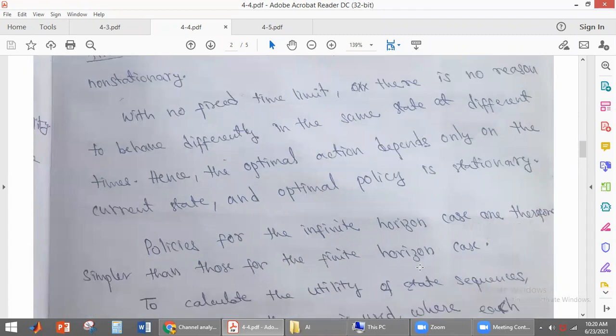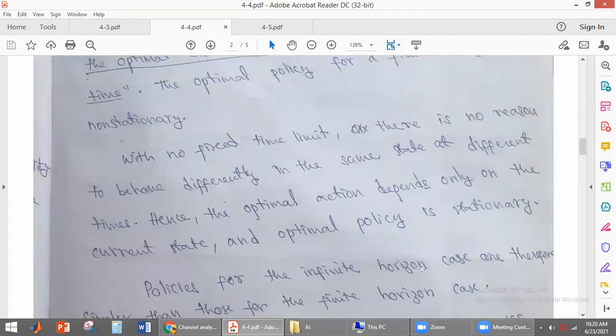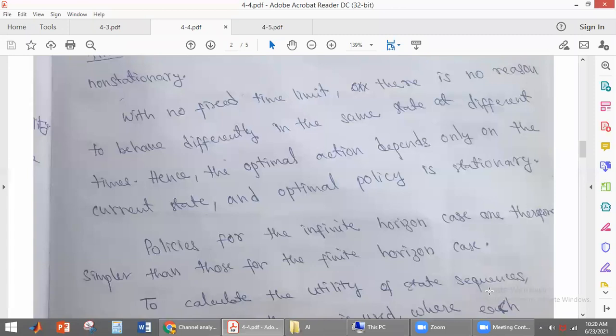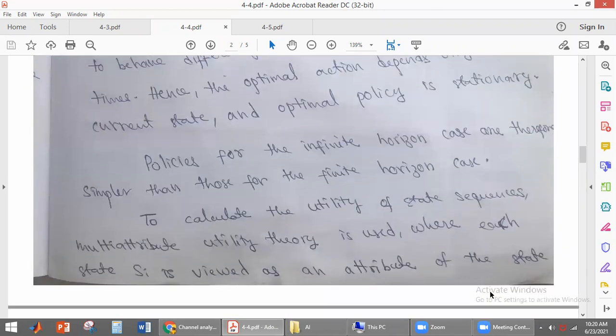If you observe these two cases, students, in the case of finite horizon, the optimal policy is non-stationary. It is changing. Whereas for infinite horizon, the optimal policy is stationary. That is why the optimal policy for infinite horizon is much simpler than that of finite horizon.